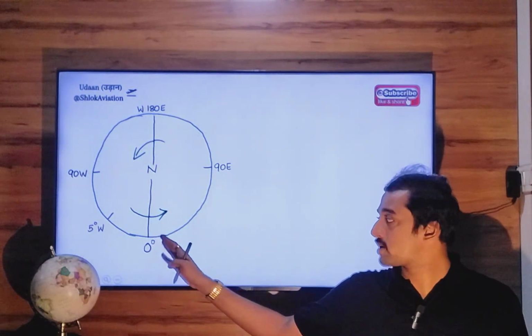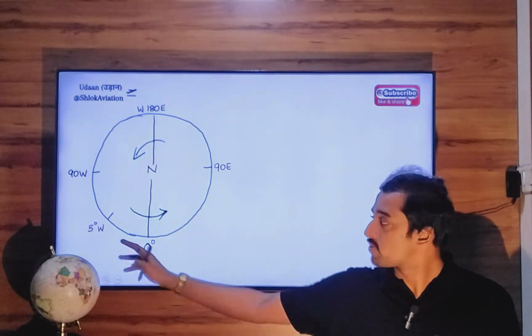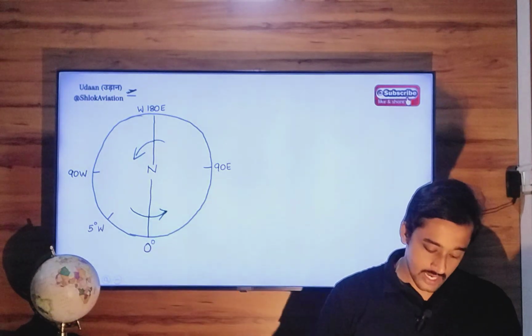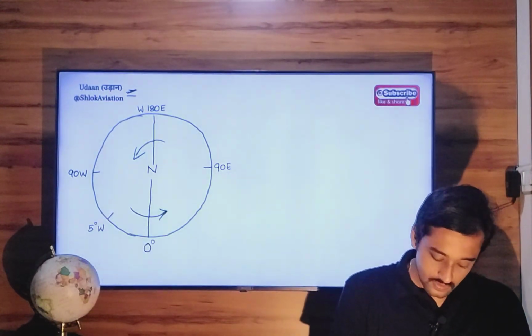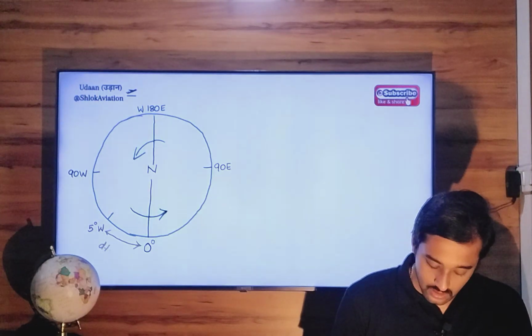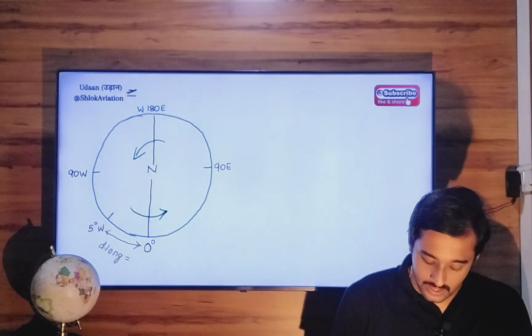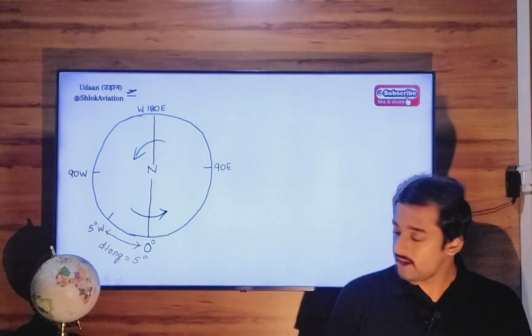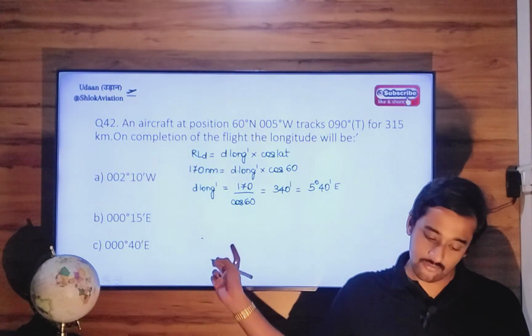Now the D long between the prime meridian, 0 degrees, and your initial location, 5 degrees west, is 5 degrees. But the D long that we have found is 5 degrees 40 minutes.